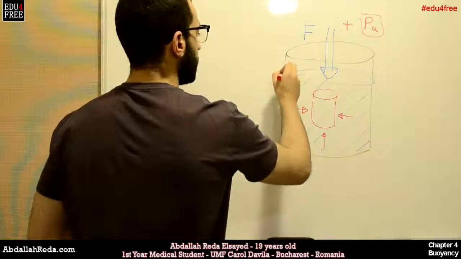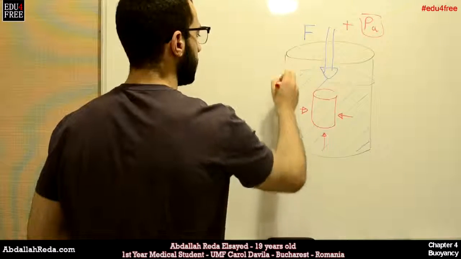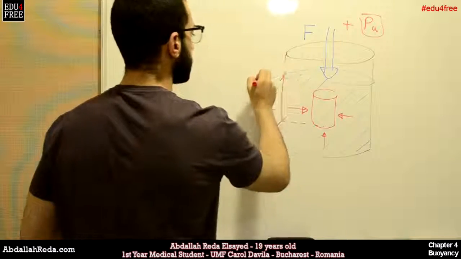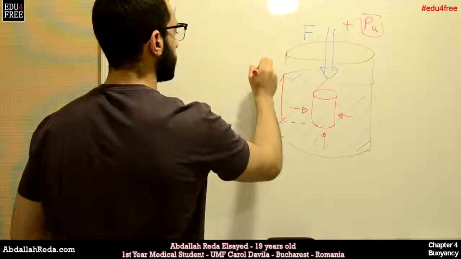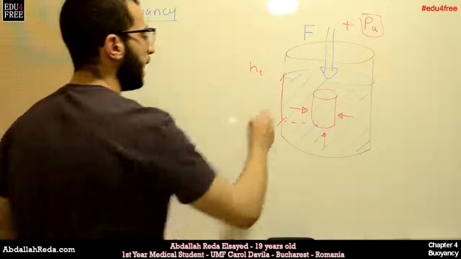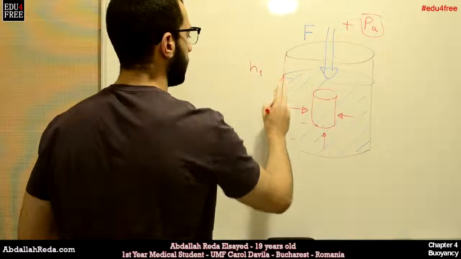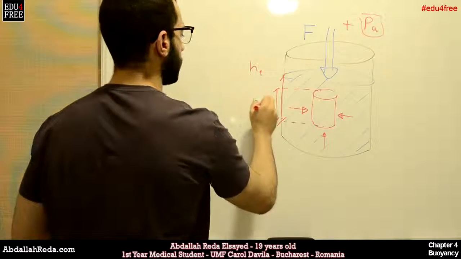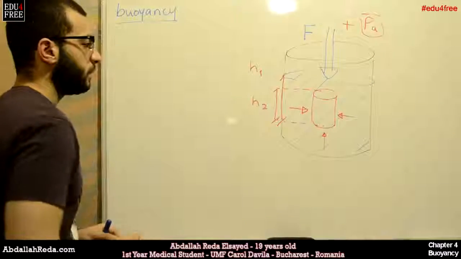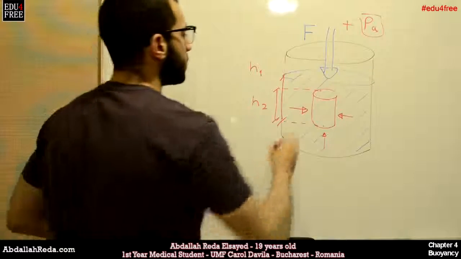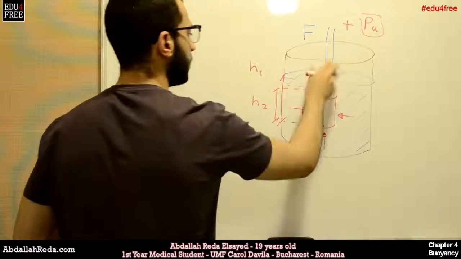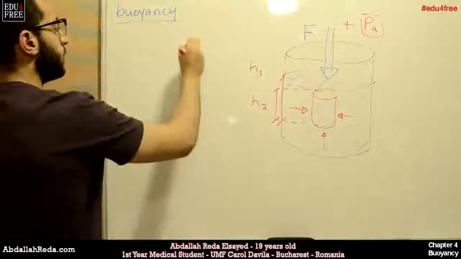So let's say this height until here is called h1, and the height of the object is called h2. So this is the part of the liquid that acts over the object.